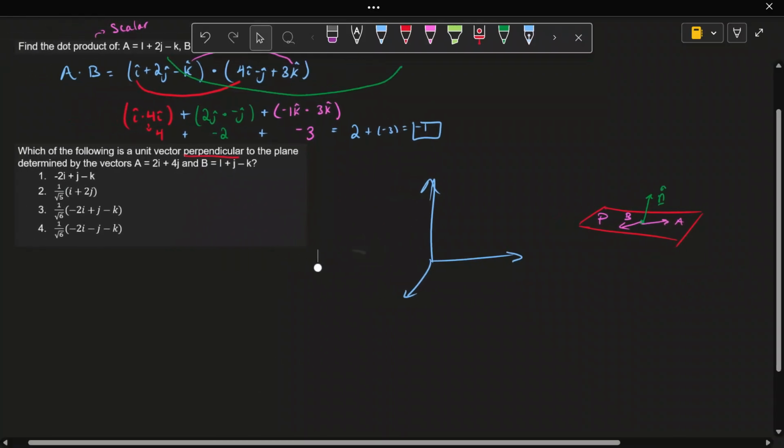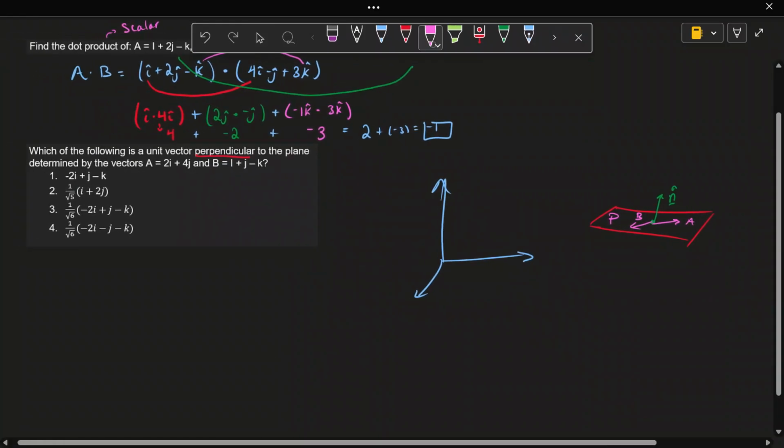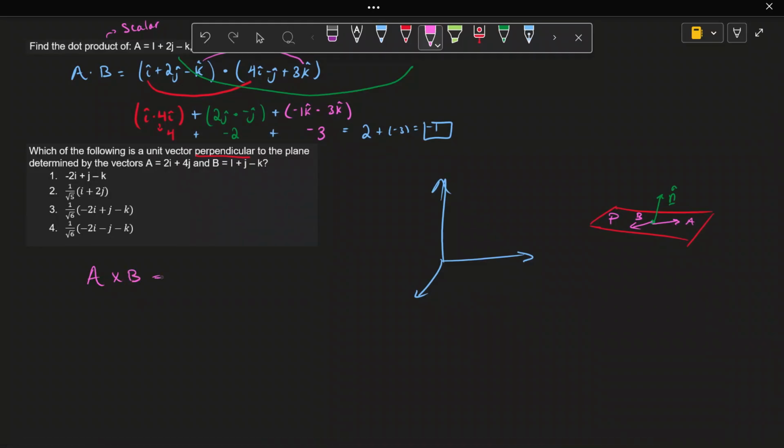So to get the cross product, we need to do A cross B. We'll call this vector the C vector, just to go in order, ABC, right?